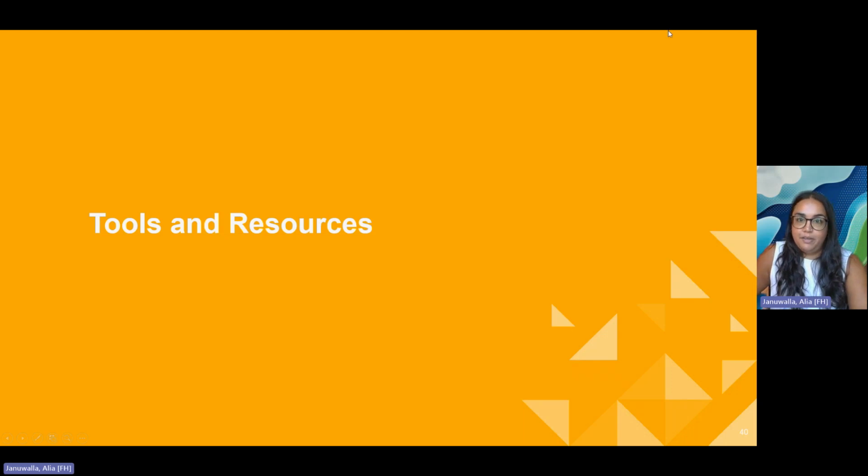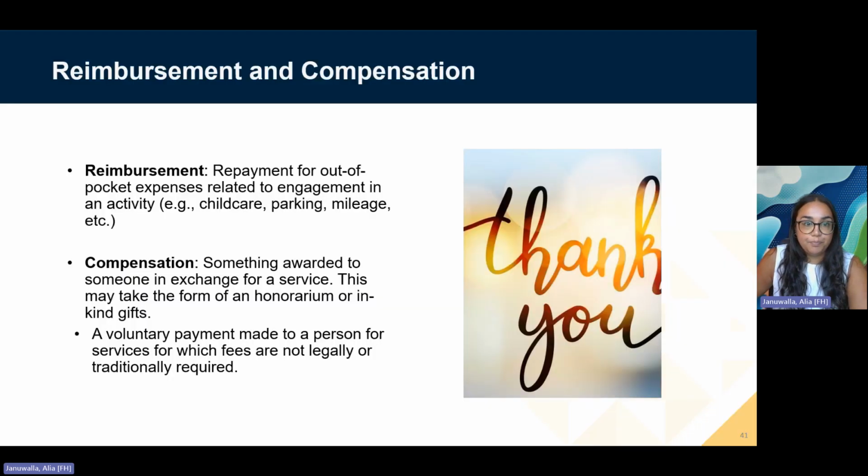The next section will just be a few tools and resources that we've linked to for you to dive into a bit further on your journey. There are some tools and resources that can help guide reimbursement and compensation guidelines. So reimbursement would be the repayment for out-of-pocket expenses, for example, childcare, parking, mileage related to engagement of an activity.